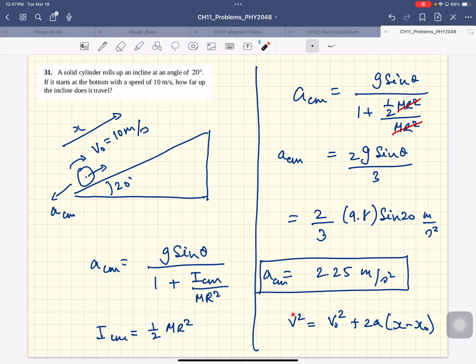That's the final velocity and that's the displacement. What do you want the final velocity to be? What is the final velocity? Very good, 0. It's come to the incline and stop. Okay, very good. So this is going to be 0 for us.